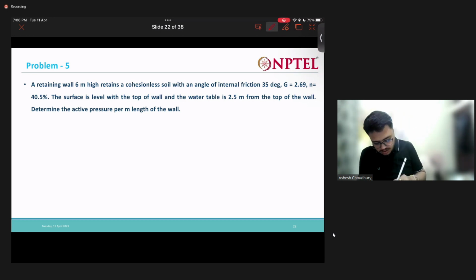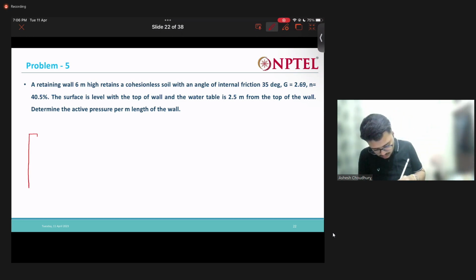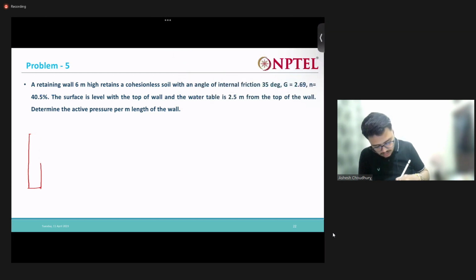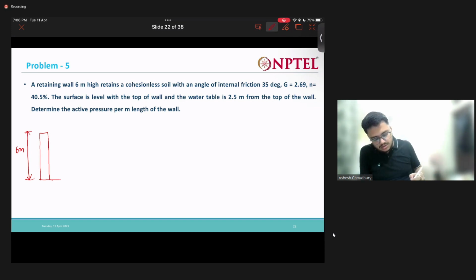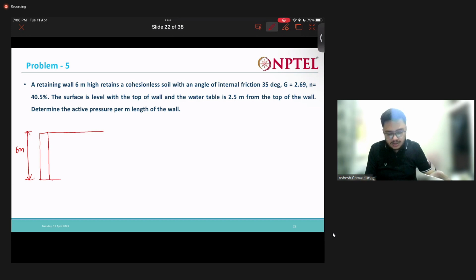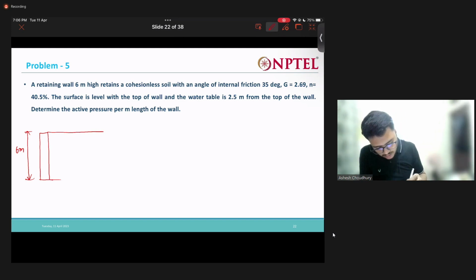So let us draw this first. 6 meter wall. Surface is level, and your water table is here.